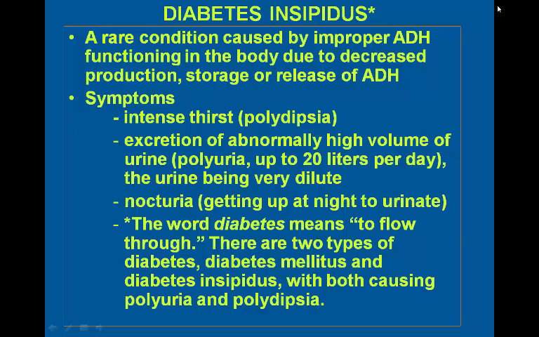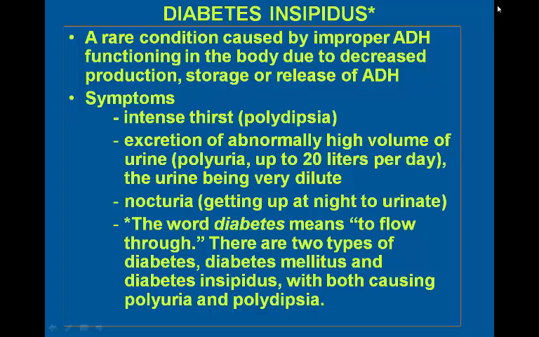The symptoms of diabetes insipidus are intense thirst, excretion of a high volume of urine every day. This is called polyuria. Poly means many or a lot. Uria is urine. Up to 20 liters a day of urine can be excreted.